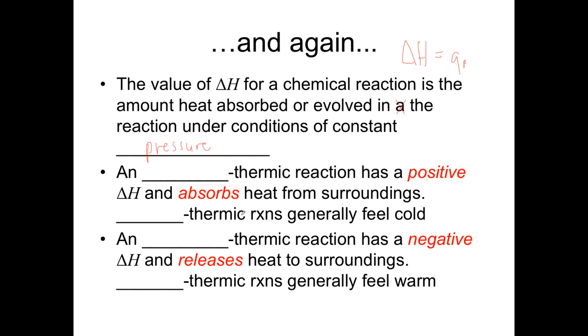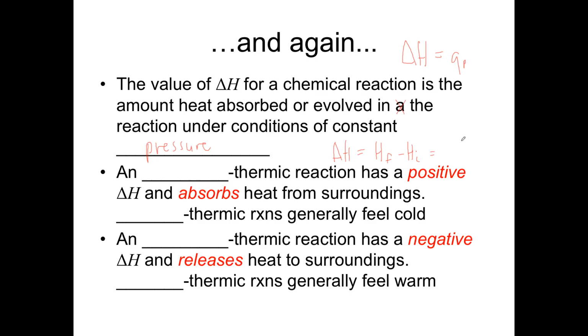Okay, now you fill this in. An endo or exothermic reaction has a positive delta H and absorbs heat from the surroundings. Is that endo or exo? So think about this. Remember that the change in enthalpy is equal to H final minus H initial, because that's what change means.